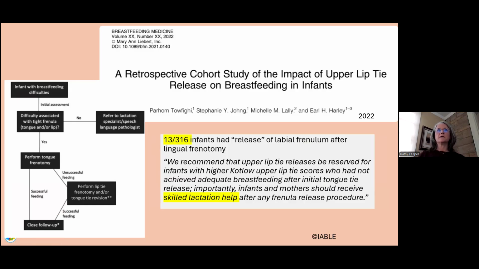So they clipped all 316 babies' tongue ties to help with breastfeeding. 303 of them did much better with breastfeeding. 13 of them, they decided they should clip the lip as well. So they're saying we feel that there are some times when clipping the lip or lasering the lip can be helpful, but we only do it after the tongue because the vast majority of the time it's a tongue problem.